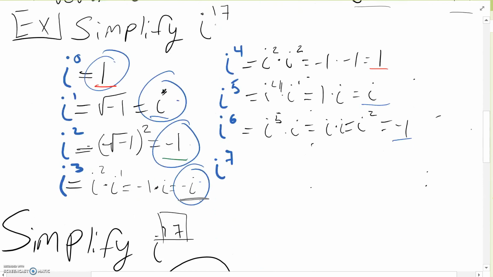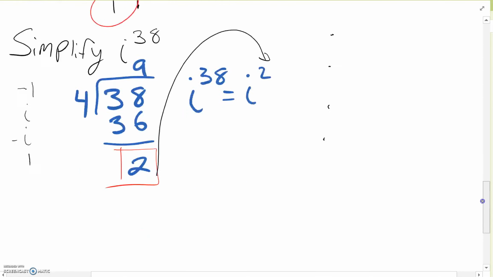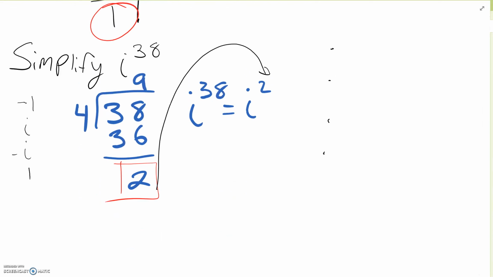If I kept going down this list right here and I went 0, 1, 2, 3, 4, 5, 6, 7, 8, 9, 10, 11, 12, 13, 14, 15, 16, 17, 18, 19, I kept going to 38, it's going to end up stopping right here in this row where 2's at. So it's the same thing as 2. So I squared, and we know that that is -1. So that's something you're going to want to remember, or like maybe memorize or whatever, that, you know, I to the 0th is 1, I to the 1st is I, I squared is -1, I cubed is -I.